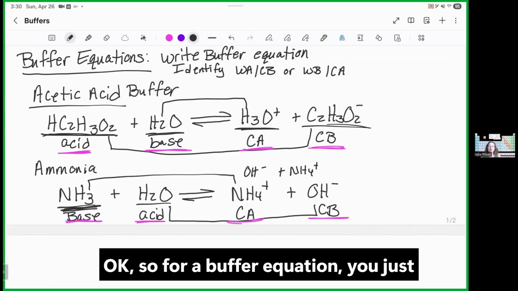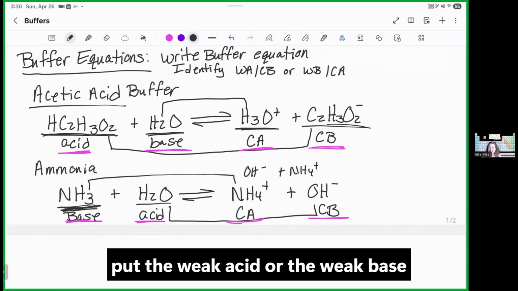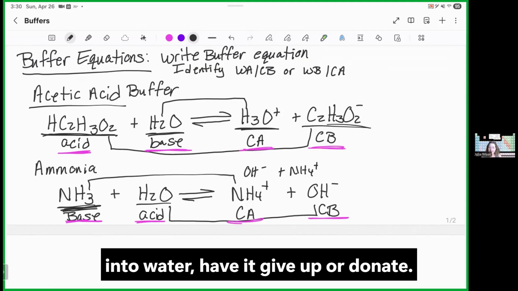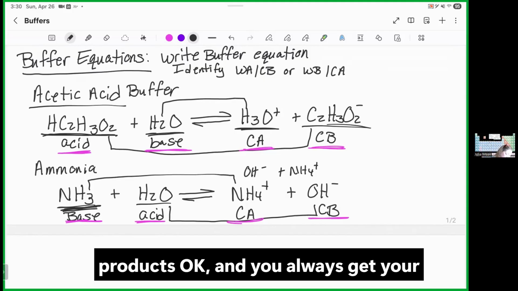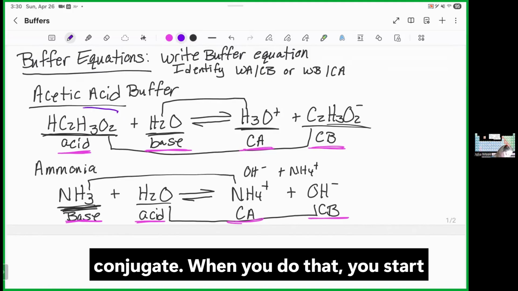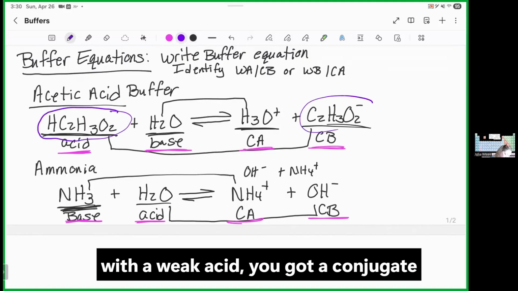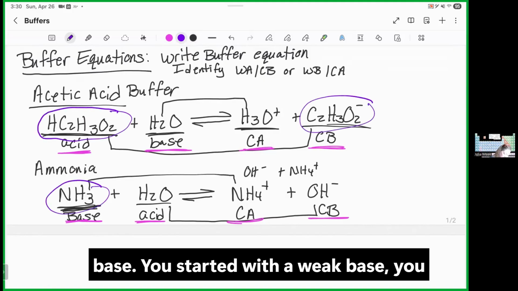So for a buffer equation, you just put the weak acid or the weak base into water, have it donate or accept a hydrogen ion, and get your products. And you always get your conjugate when you do that. You started with a weak acid, you got a conjugate base. You started with a weak base, you got the conjugate acid.